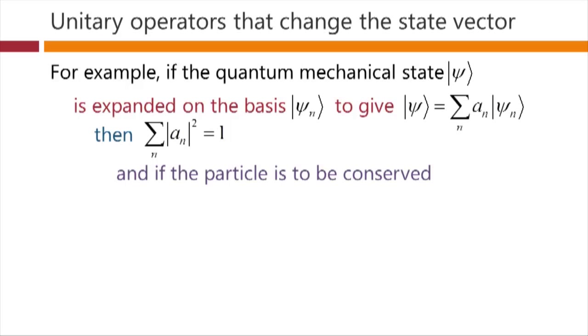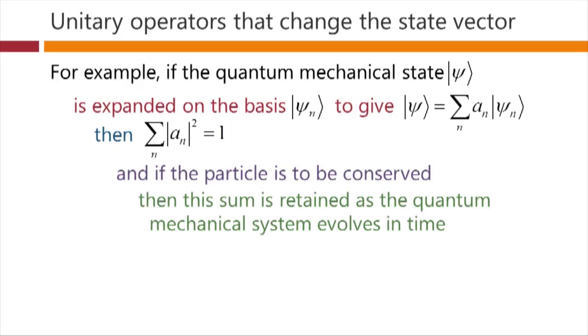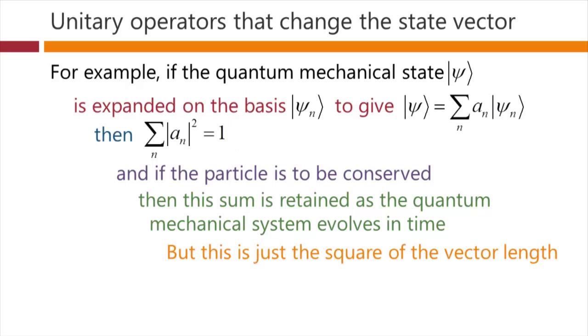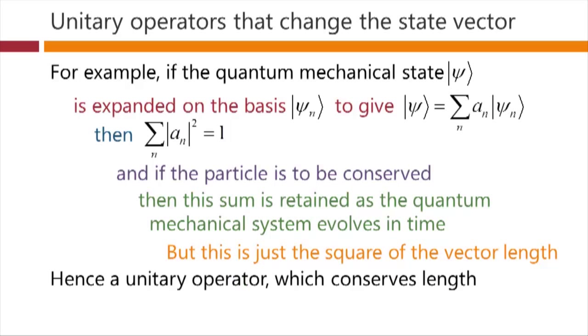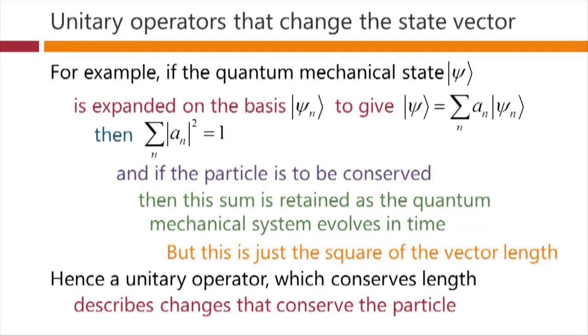And if the particle is to be conserved as we go forward, then this sum of the modulus squares of the expansion coefficients should not change. It should be retained as the quantum mechanical system evolves in time. That is, really, the length of this vector should be retained. This here is just the square, of course, of the vector length. It's bra psi times ket psi, if you like. Hence, a unitary operator, which conserves length, will describe changes in the quantum mechanical state that conserve the particle. They conserve the probabilities all adding up to 1.